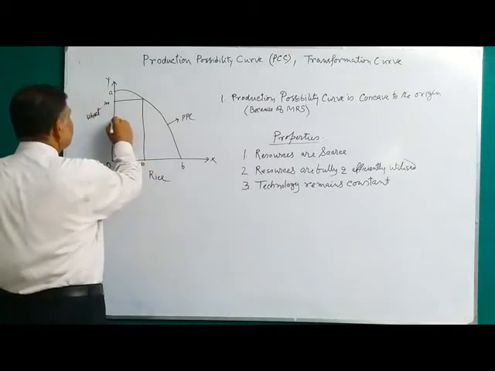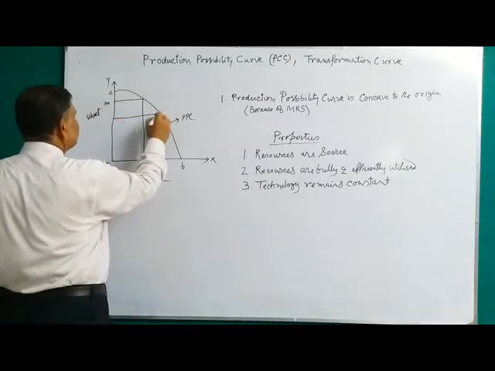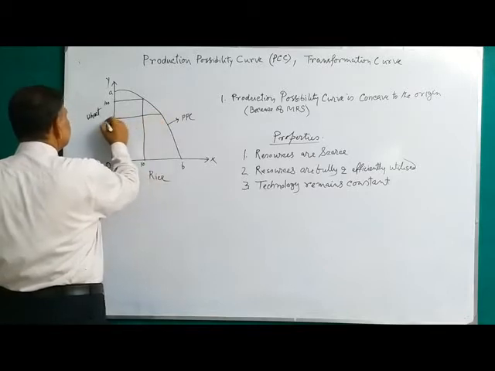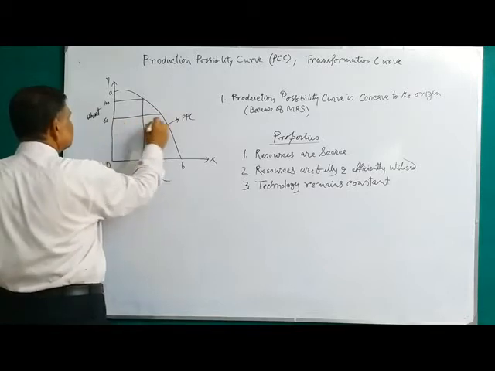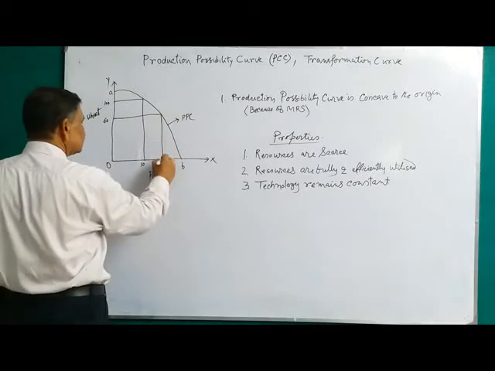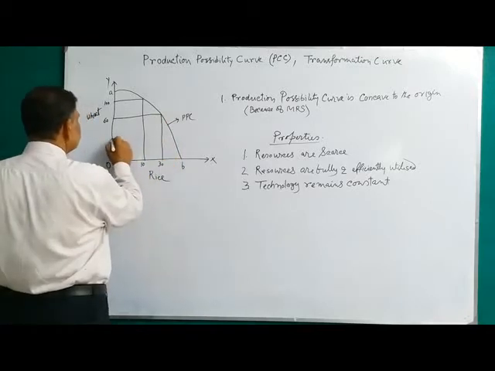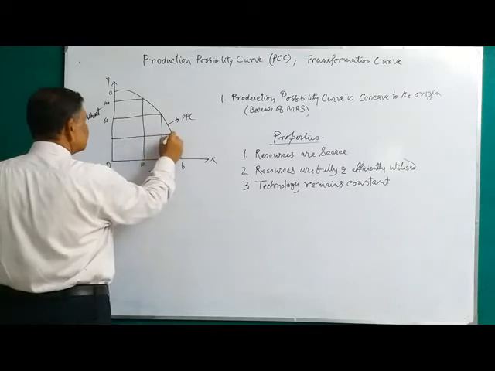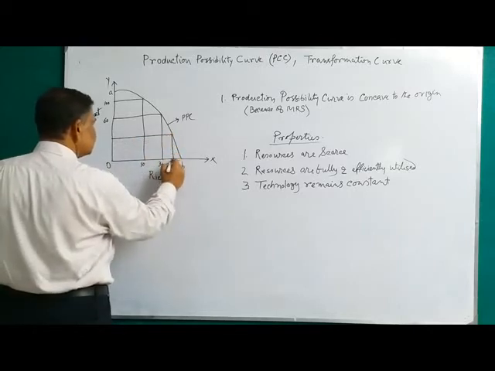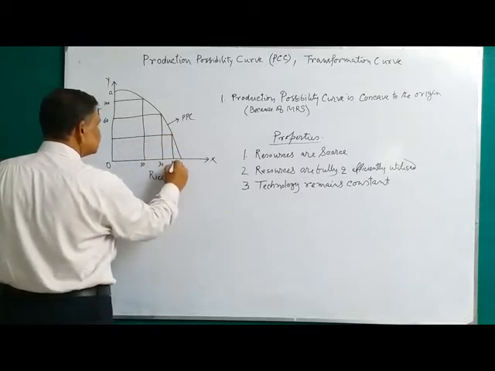If you decrease your purchase of wheat, it may be, suppose, 60, then you will get 30 quintals of rice. Again you change this, then you will get 50.